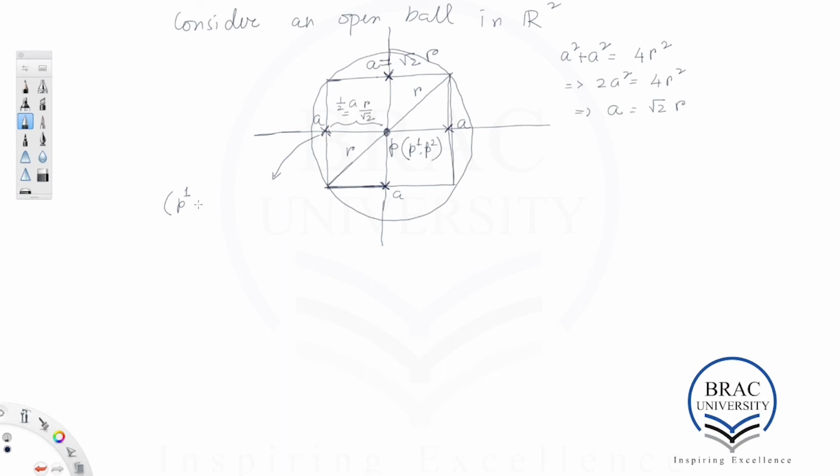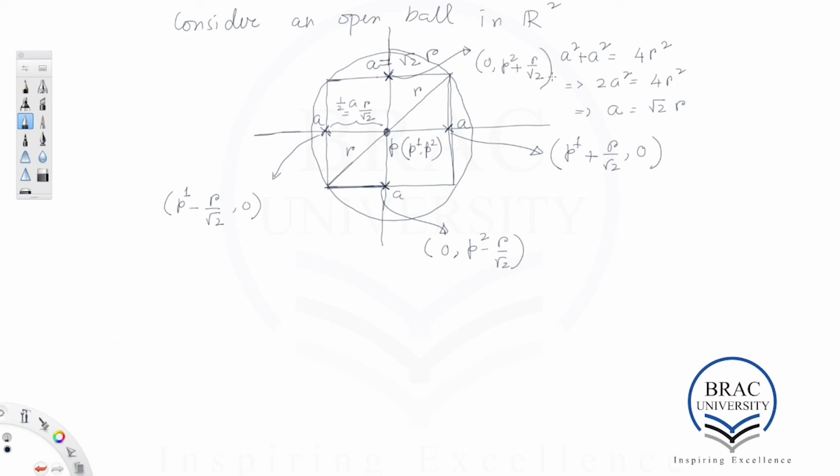So this is (P1 minus r over square root of 2, 0). The coordinate of this guy is (0, P2 minus r over square root of 2). The coordinate of this guy is (P1 plus r over square root of 2, 0), and the coordinate of this guy is going to be (0, P2 plus r over square root of 2).